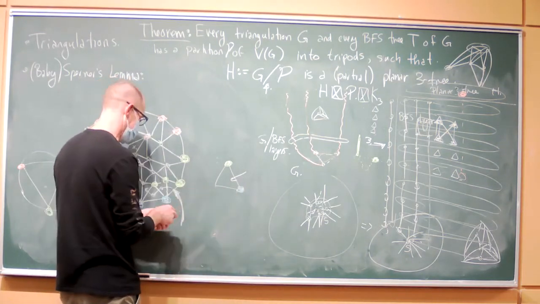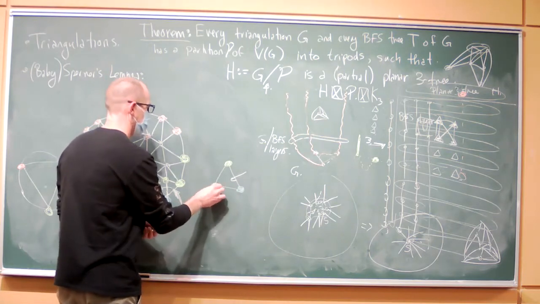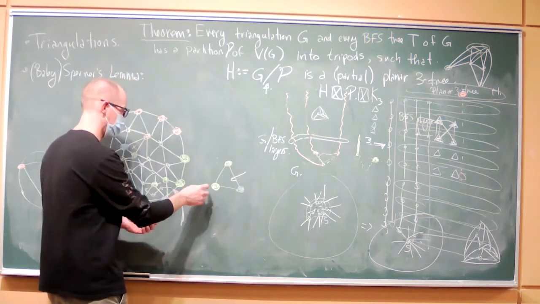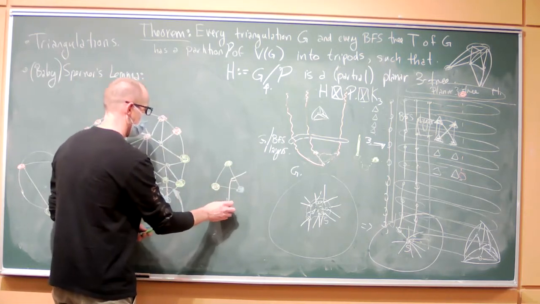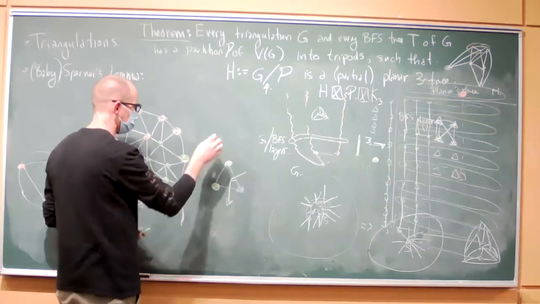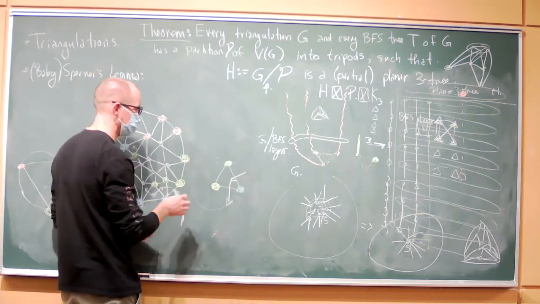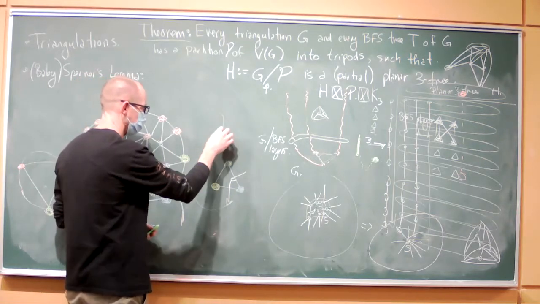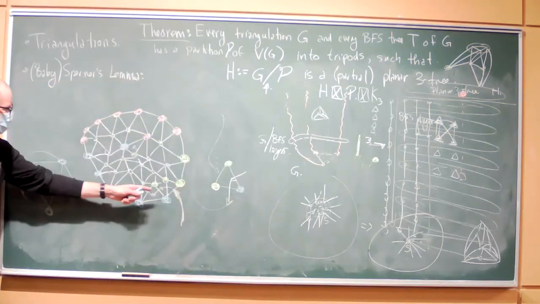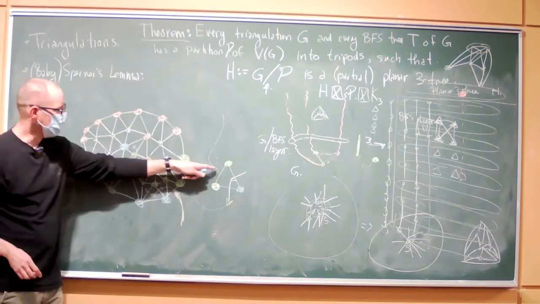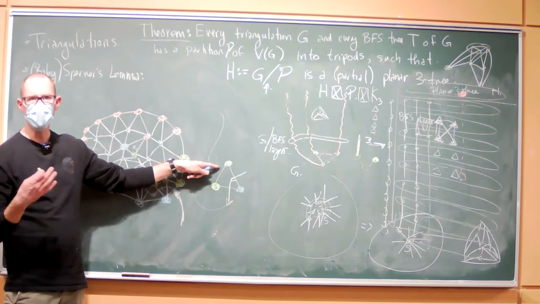And then I leave it through one of these 2 edges, depending on the color of the 3rd vertex. And now if I'm going to come back to it, look at the first triangle I ever come back to. If this is the first triangle I ever come back to, then the only way I could get back to it is through here. But if you look at my rules for walking, I never walk through an edge that has both endpoints the same color. So this thing doesn't cycle.